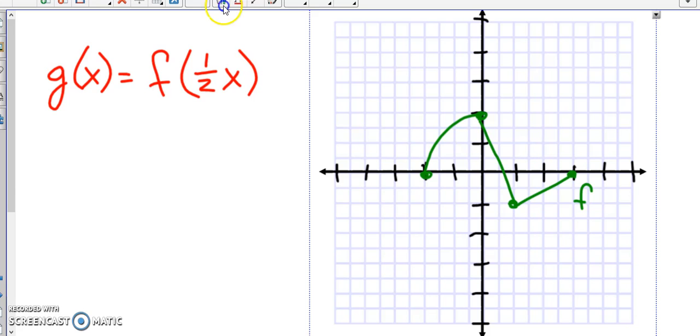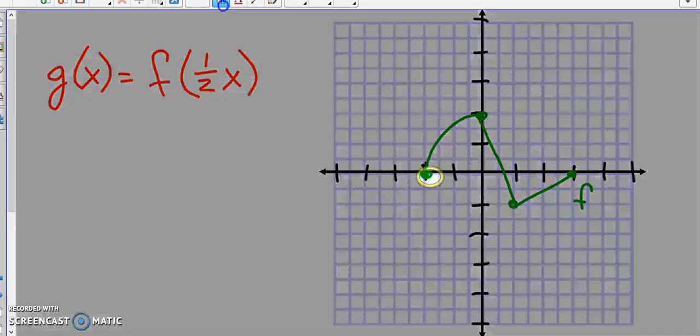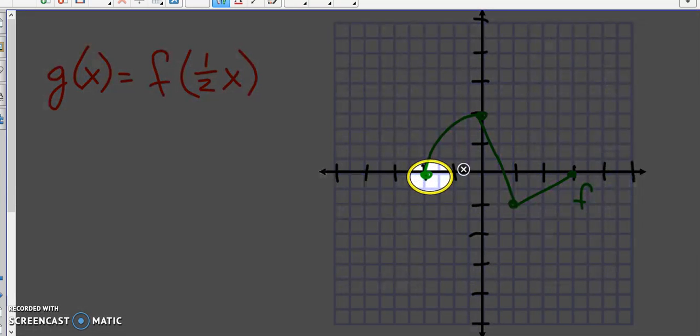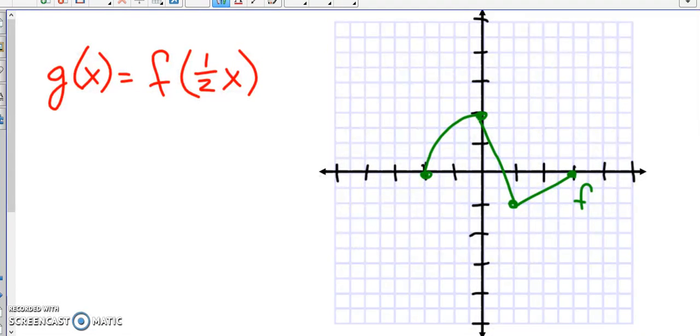So in order to get this point here at 0, instead of plugging in -2, I would have to plug in -4 to g because of this 1/2 x here. Because half of -4 would be -2, and that would give me the same output. So this point that I circled is going to end up right here.